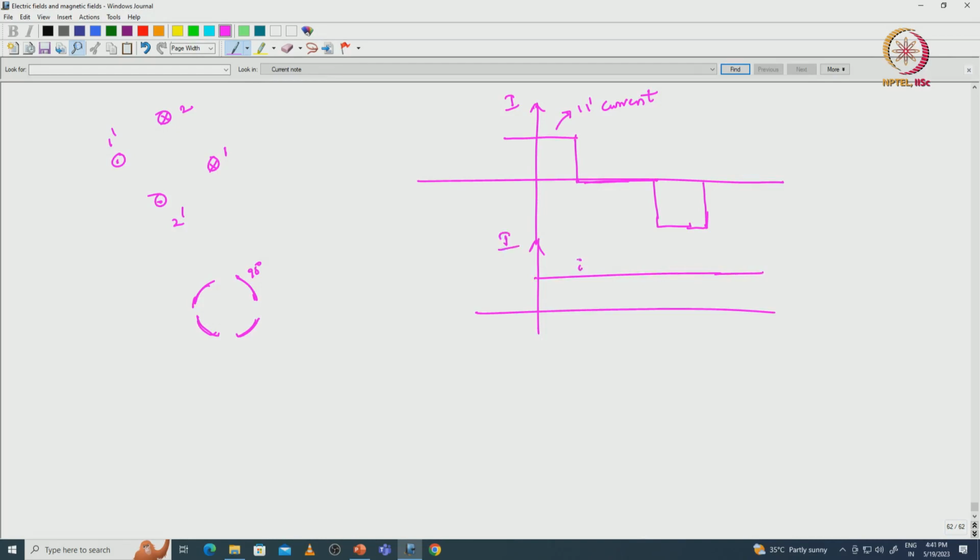Okay. And 2 dash current will be in this manner.